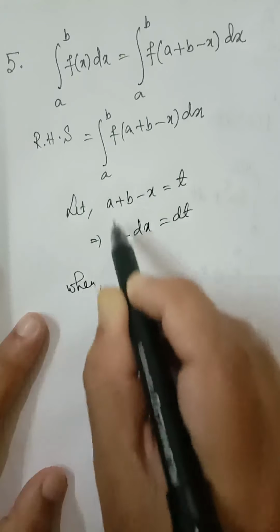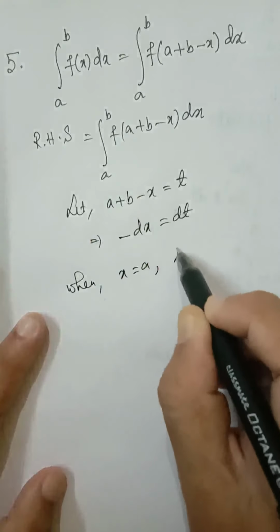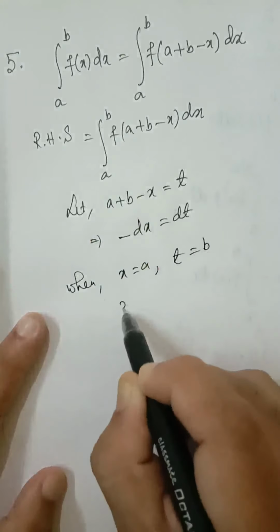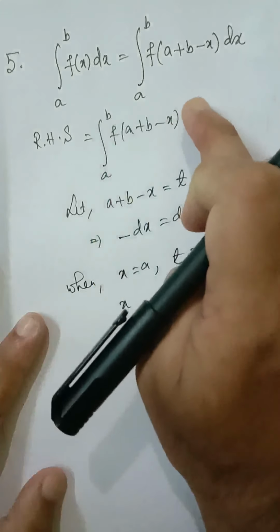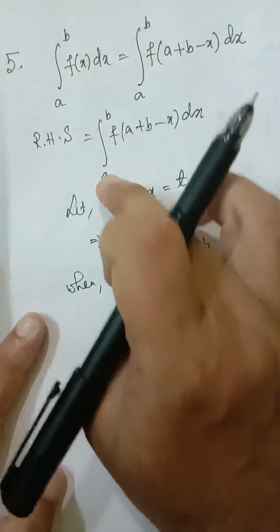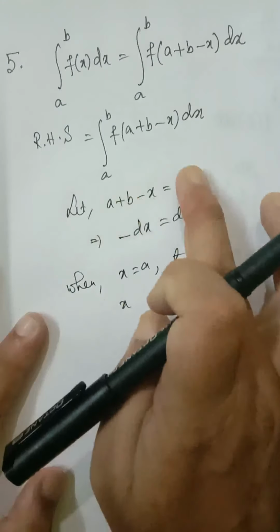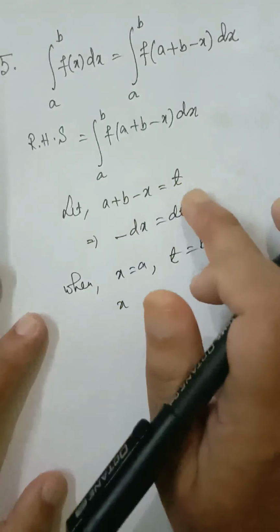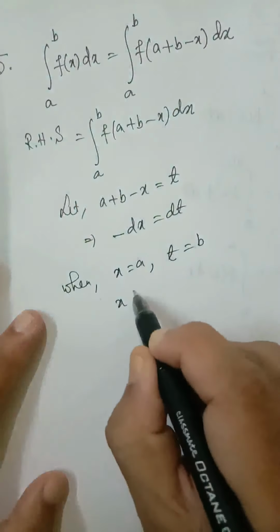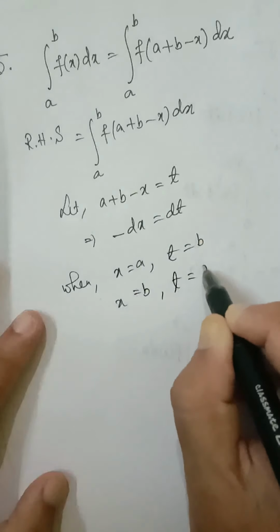When x equals a, t equals b. Here the variable is x, so these are limits for the variable x. Here we have changed the variable from x to t, so we have to find the limits for this variable t. So when x equals b, t will be a.